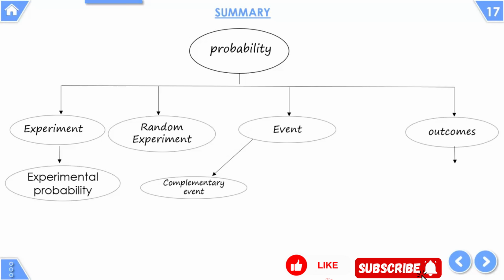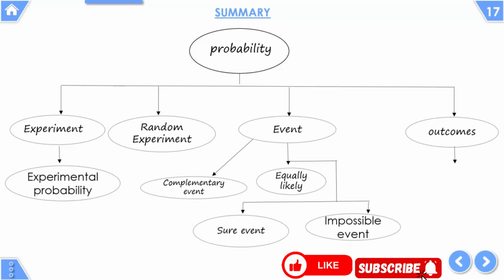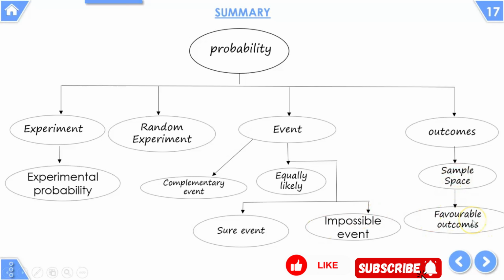These 2 are complementary events. We spoke about that. And we have equally likely experiment. We are not being biased. We are selecting probabilities of things that are happening the same way. And we have sure and we have impossible event. For outcomes, we have sample point and we have favorable outcomes. And then we have theoretical classic event.